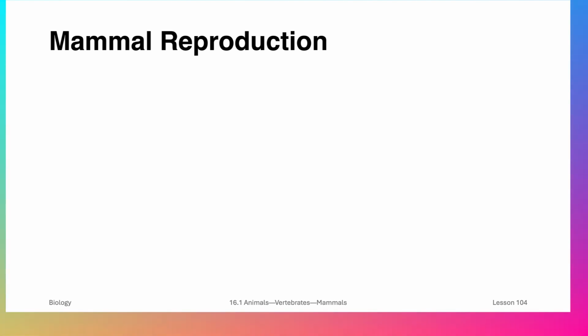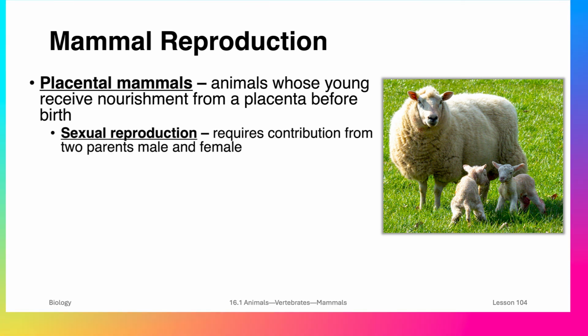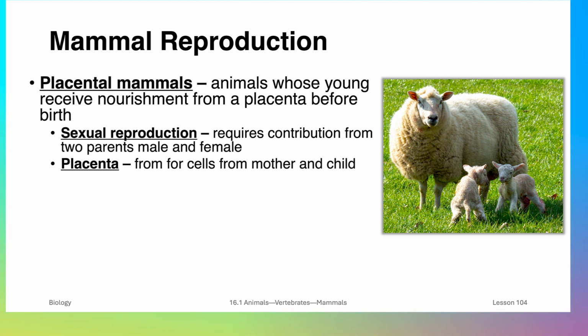Mammal reproduction is specialized. There are the placental mammals, whose young receive nourishment from what's known as a placenta internally before the animal is born. They reproduce by sexual reproduction, which requires the contribution of a male and a female parent. As the name implies, they have a placenta.